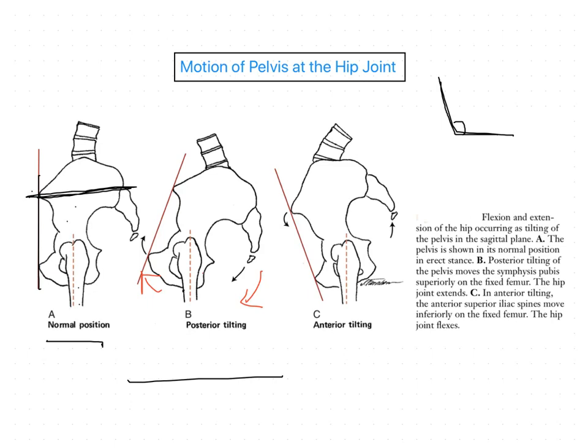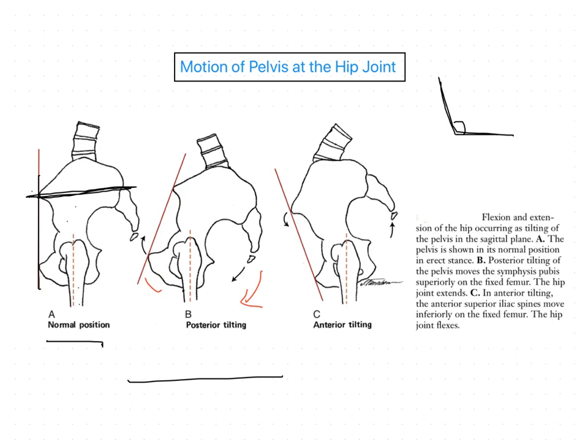In the case of normal movement of this femur, if the femur is moving like this, then this is the orientation observed when the pelvis is also fixed. For that reason, the posterior tilting of the pelvis causes hip extension.